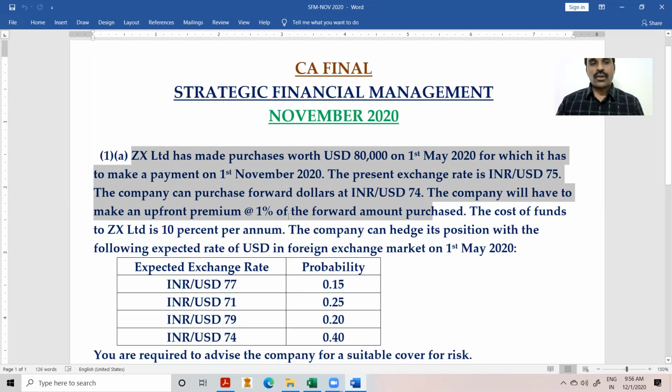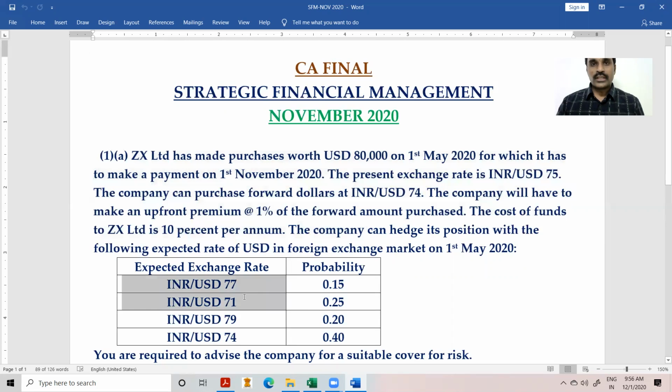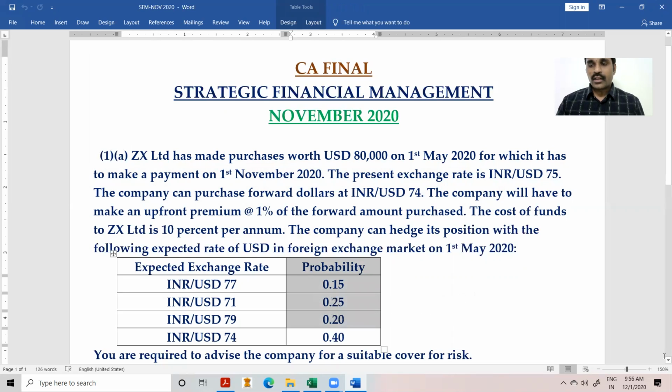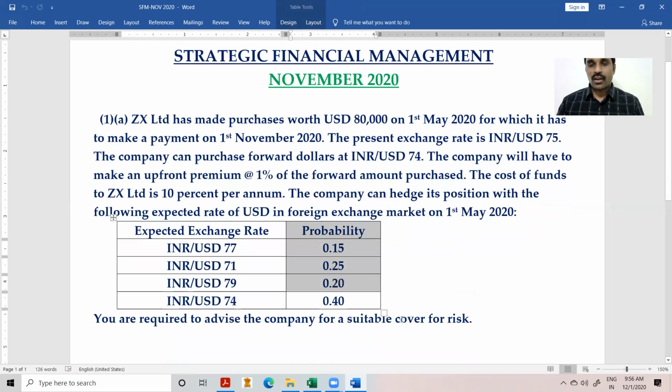The cost of funds to ZX Limited is 10% per annum. The company can hedge its position with the following expected rates of USD in the foreign exchange market on 1st May 2020. Expected exchange rates: INR/USD 77, 71, 79, 74 and the respective probabilities. You are required to advise the company on a suitable cover of risk.